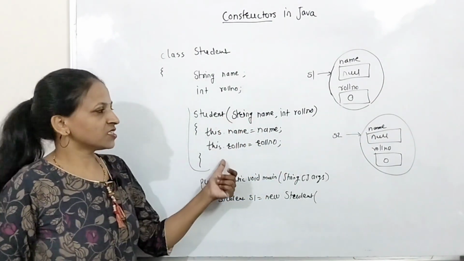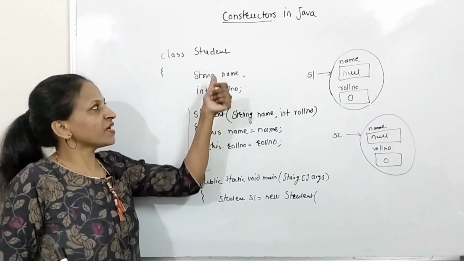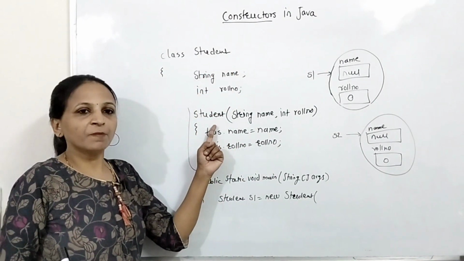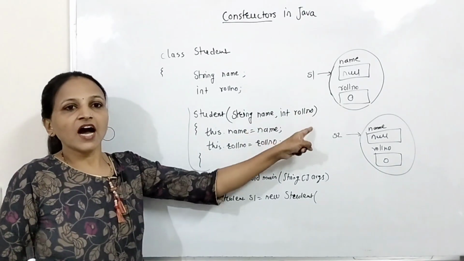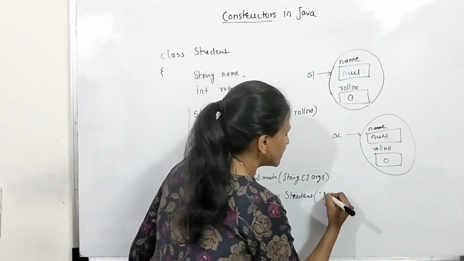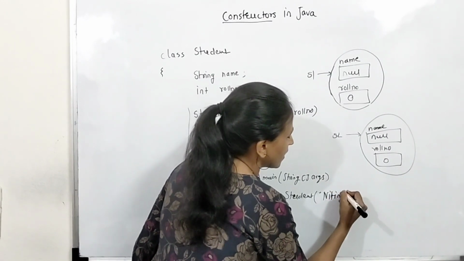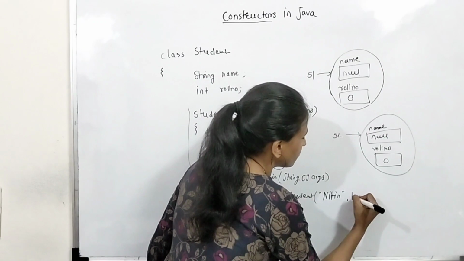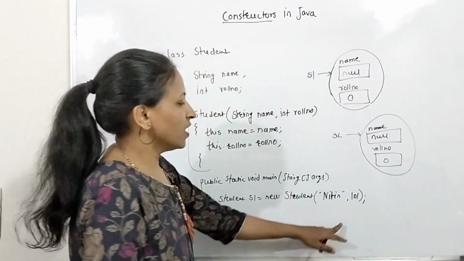But see, this is a constructor. Constructor name is same as a class name. And whenever we create any object, then we have to compulsory pass the arguments. Now here I am passing the first argument like the name is Nitin and comma. Here we have to pass the second one, let 101 is the roll number.